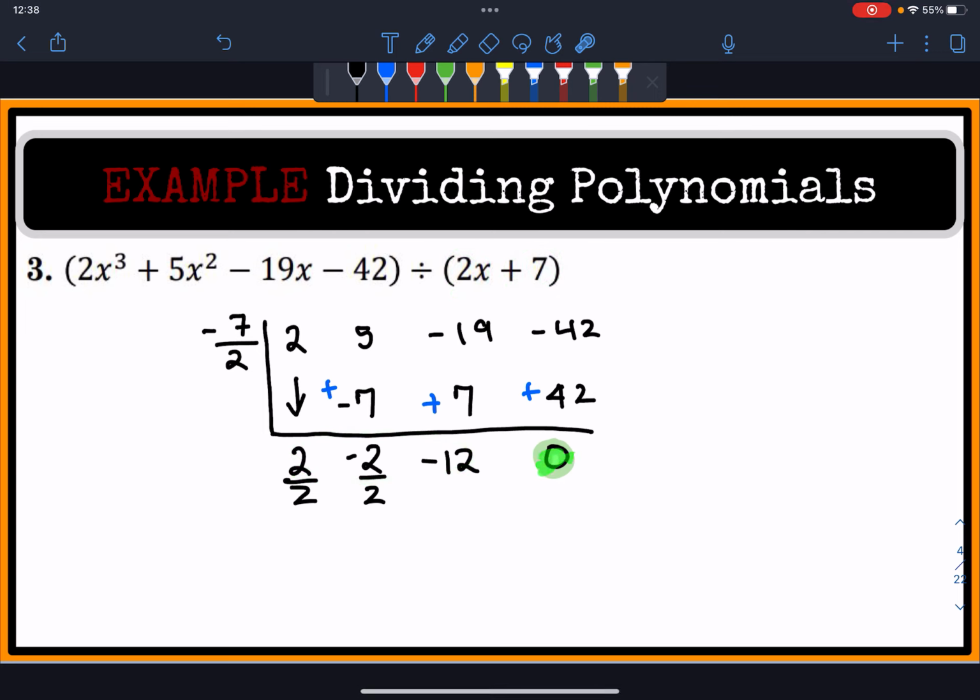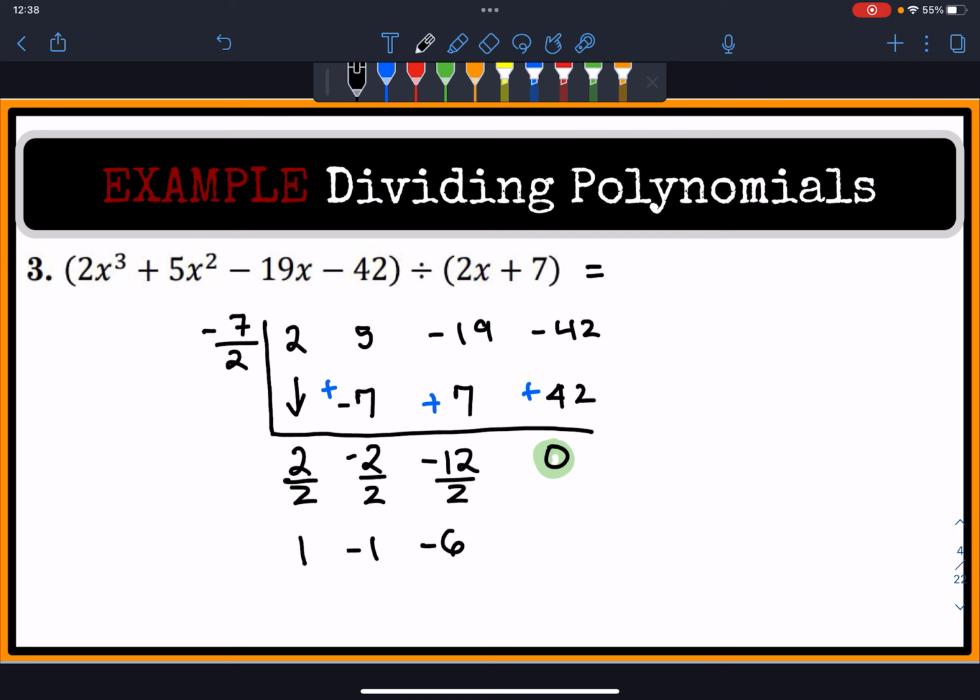The remainder, even though it's 0, that again doesn't get divided by this value here. So if this remainder was not 0, like if it was the number 4, the 4 doesn't get divided by 2, it's still going to just stay as 4. But these three values, the quotient parts, not the remainder, get divided again by the leading coefficient of 2. So we end up with 1, -1, and -6.